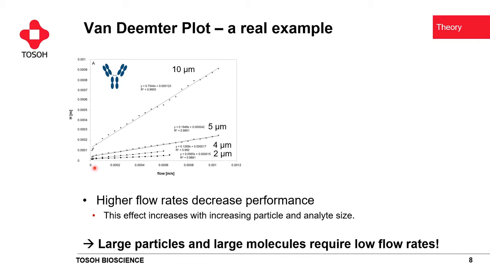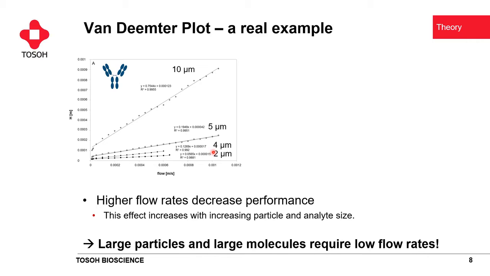What we see at first sight is that the lowest plate heights, meaning the most efficient separations, we will get with the smallest particle, and the largest particle gives the worst separation performance. Furthermore, we do see that the influence of the flow rate is bigger for larger particles compared to smaller particles.